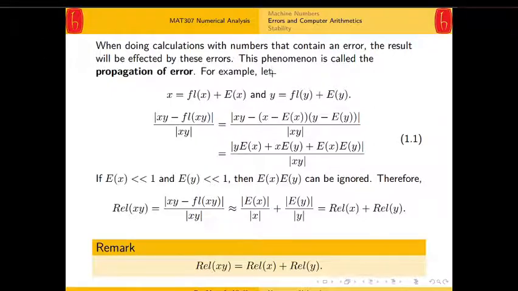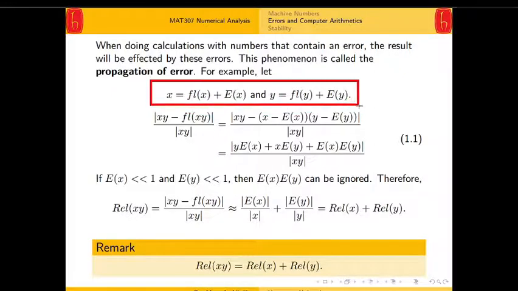For an example, let's say x is given this way: floating point representation of x plus some error e_x, and y is equal to floating point representation of y plus some error e_y. If we take the product x times y minus floating point representation of x times y, divided by the absolute value of x times y, this is the relative error.